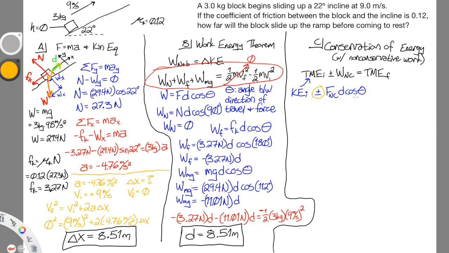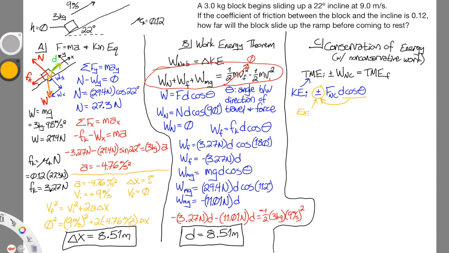If the non-conservative force is adding energy to the system, we'll expect a positive non-conservative work. But that positive or negative comes from the cosine of theta. You don't need to put it in yourself. Just wait for your cosine of theta term to give you a positive or a negative, but it's good to know what we expect for this positive or negative sign here, because it can allow us to check whether we've got the right angle here.